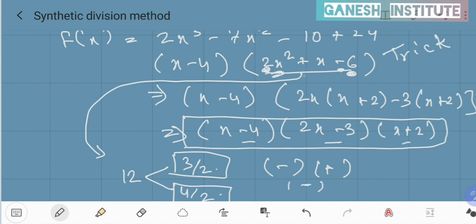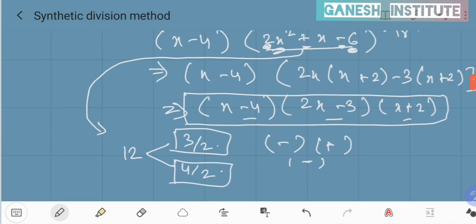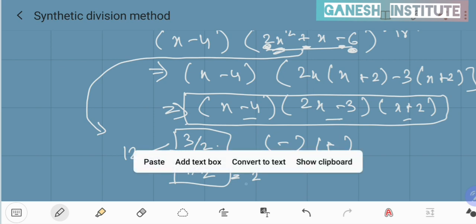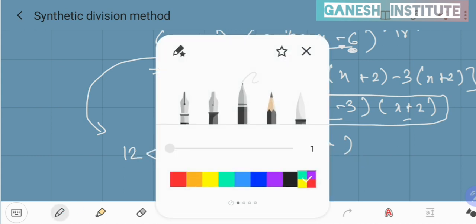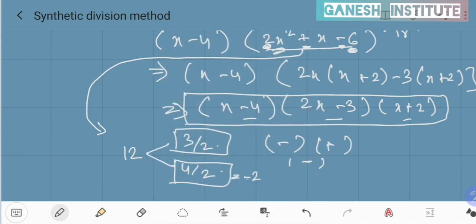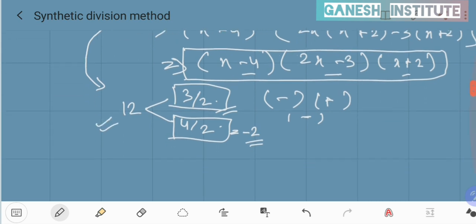And here the sign is plus, which means that the bigger value should have the plus sign, and the other gets minus. So these are two solutions. We can find out by this method or by this trick also.